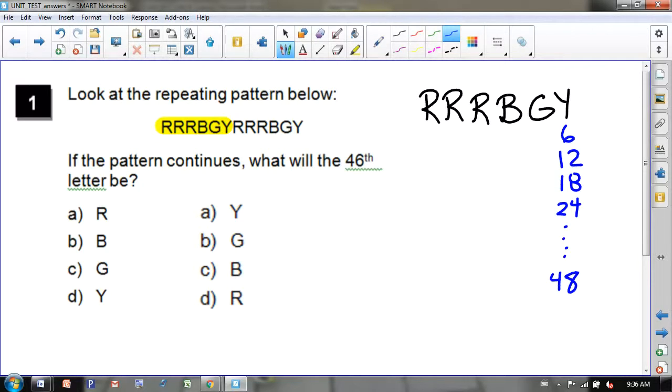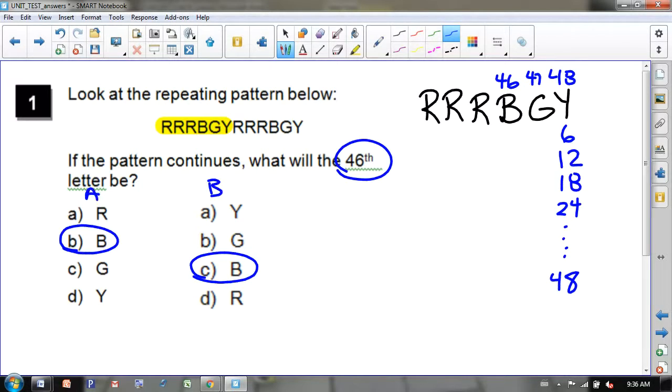So if we plug 48 back into our diagram here, Y is 48. Since Y would be the 48th term, G would be the 47th, and that means that B would be the 46th term. So on version A, the answer would be B, and on version B, the answer is C.